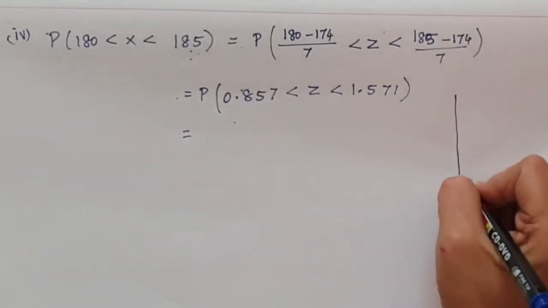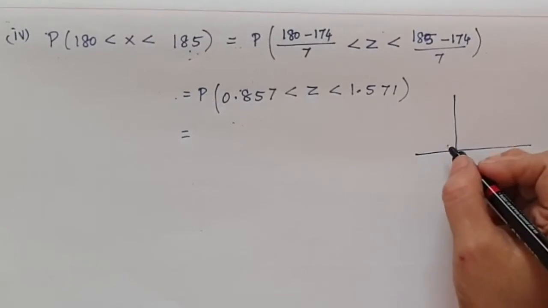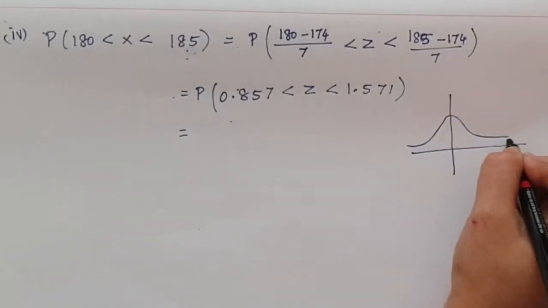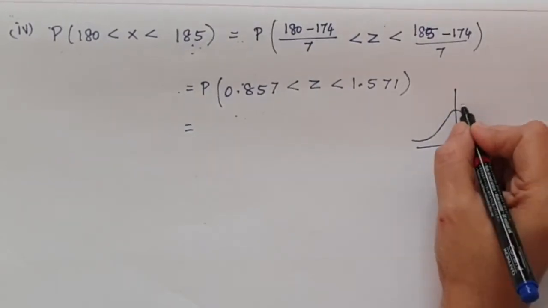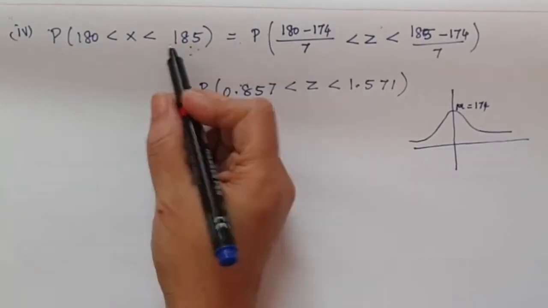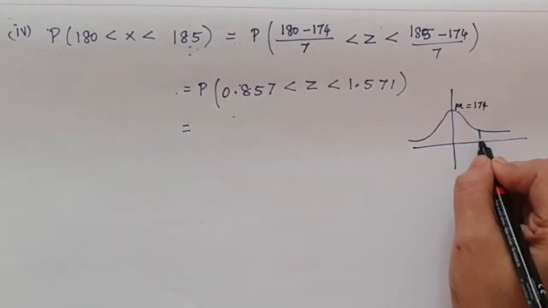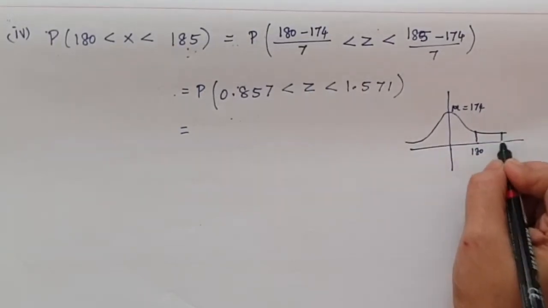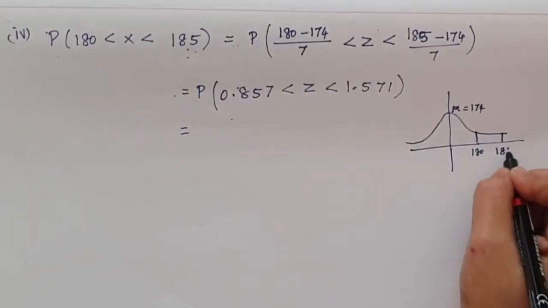If we have a normal distribution curve, this is mu, equal to 174. This is 180 and 185. So 180 will be here, close to 174, and this line will be 185.